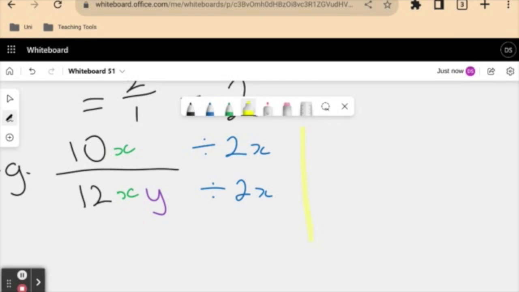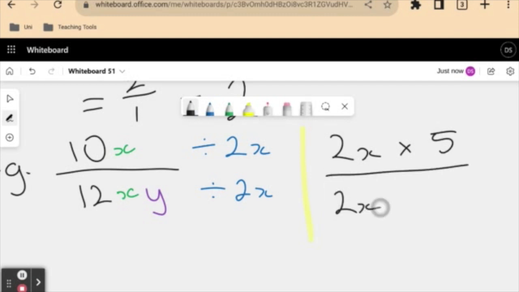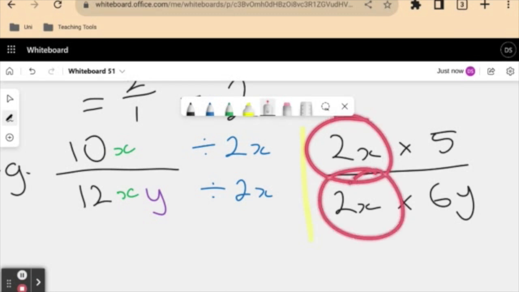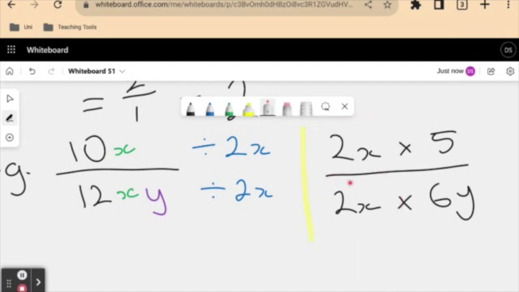So this is like saying 2 lots of x times, well, what number would that multiply by to give us 10x? Well, that will multiply by 5. And on the bottom, we have 2x lots of 6 multiplied by y. So these two numbers here are clearly common factors. So we can factor them out.